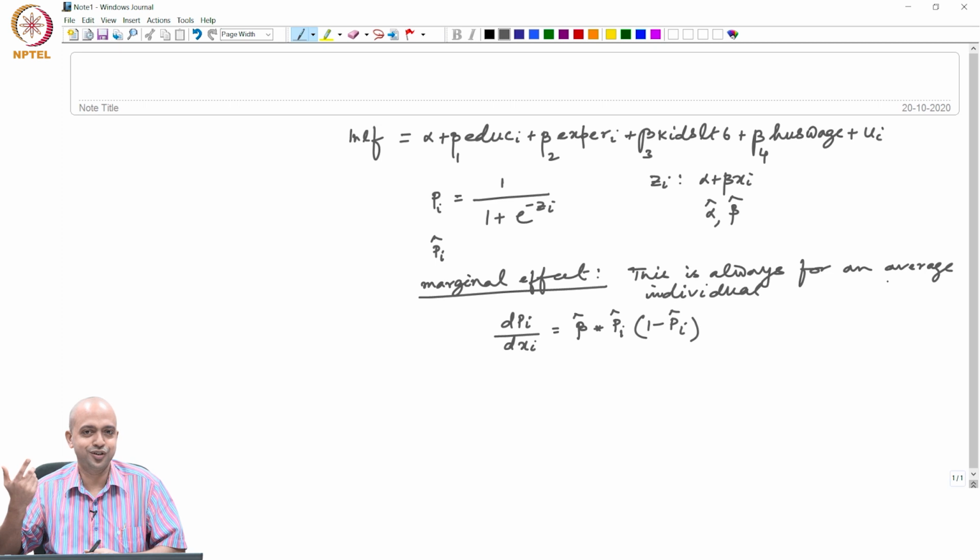It may so happen that by chance there is an individual whose number of kids, education and all other factors are at sample average, which is quite unlikely. You may or may not get one, but the interpretation is always only for the average. That is applicable for the standard econometric model as well as in this case of the qualitative response model.